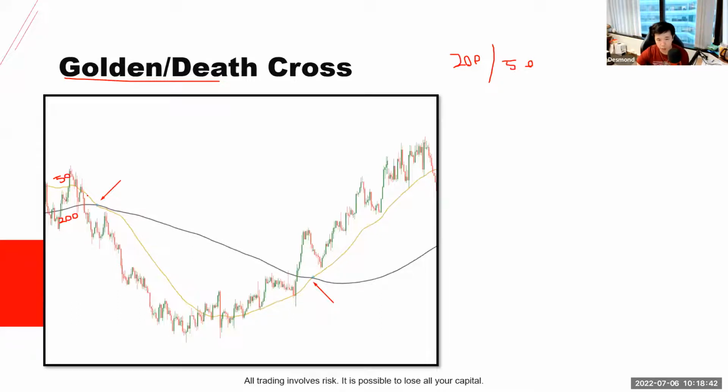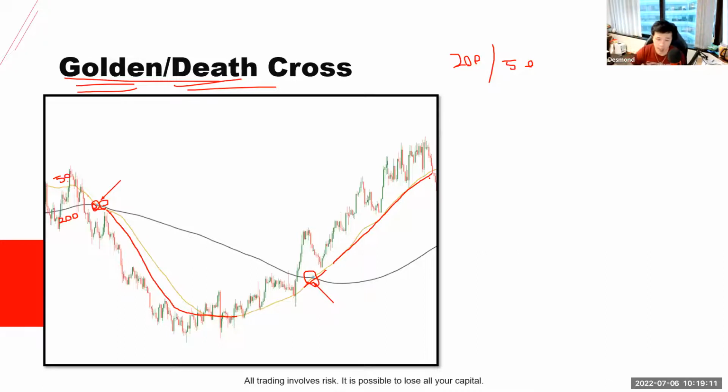So when the 50 crosses below the 200, this is what we call a death cross. Usually when this happens, it's the start of prices kind of going down. And when the 50 moving average crosses above the 200 moving average, this is where you call it a golden cross, and that usually speaks to the start of a very nice uptrend.